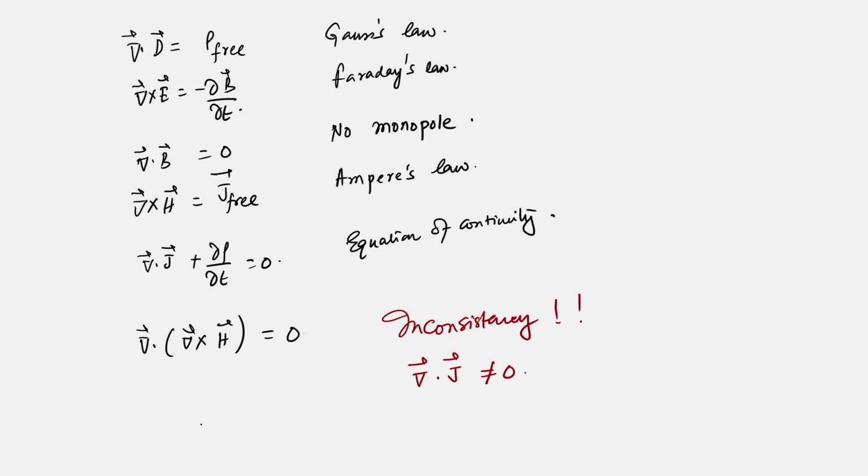So, we have divergence of J plus ∂ρ/∂t equal to 0, that is the equation of continuity. Now, ρ we know as divergence of D. So, divergence of J plus ∂/∂t of divergence of D, assuming that ρ is ρ free, is equal to 0.